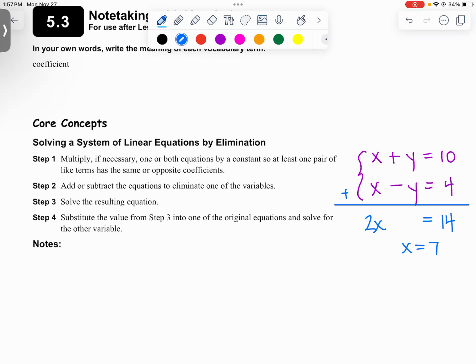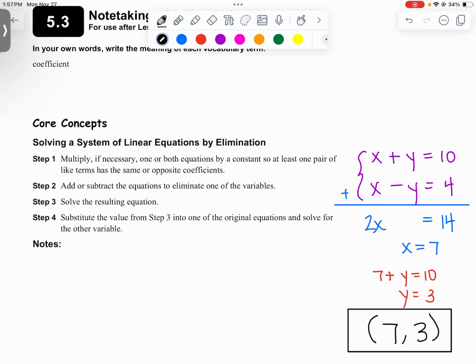Okay, now, how do we get y? Doesn't matter which one. So x plus y equals 10, which means y is 3, so we know our answer is 7, 3.